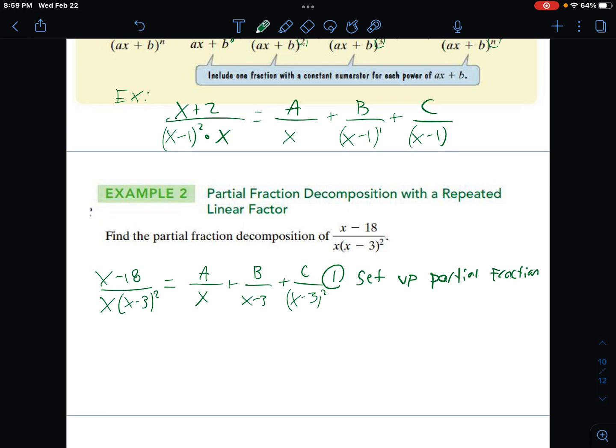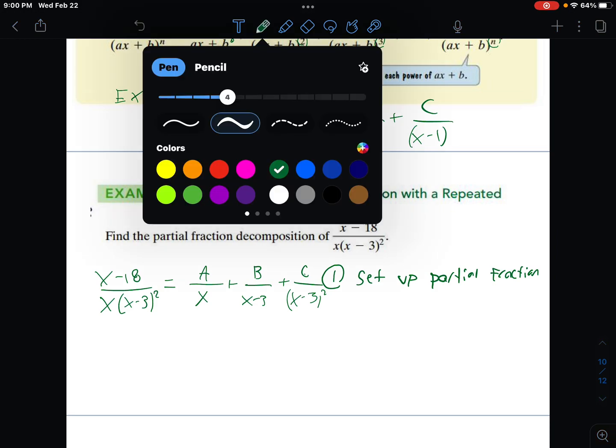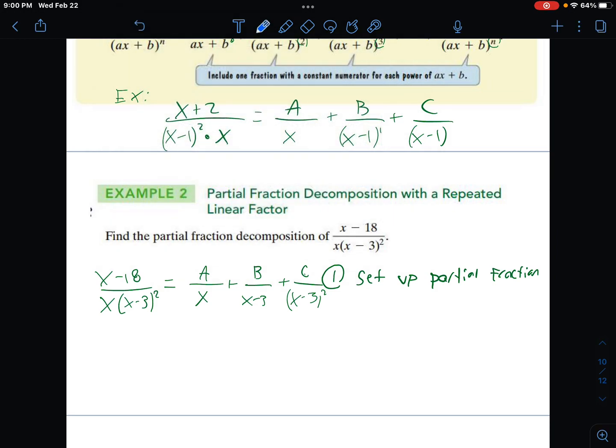Okay. When we do this, we're going to want to multiply through by the denominator. So we're going to multiply by x times x minus 3 squared, x times x minus 3 squared, x times x minus 3 squared, times x minus 3 squared. And in each of these, things are going to start to cancel.